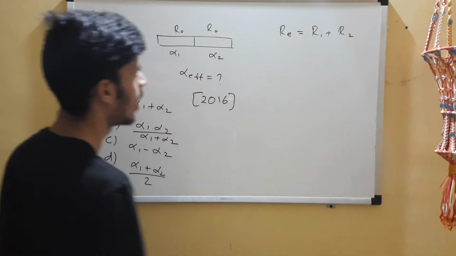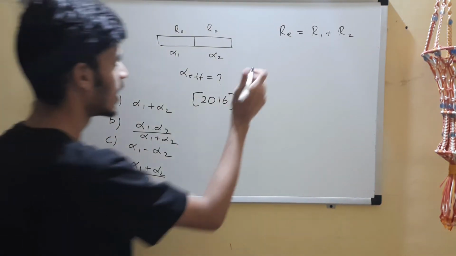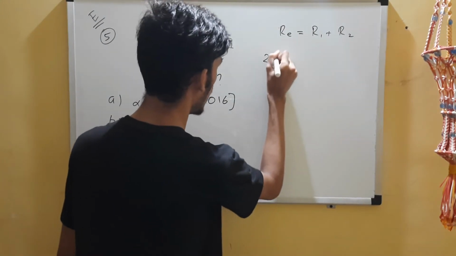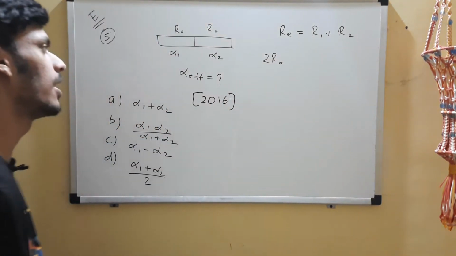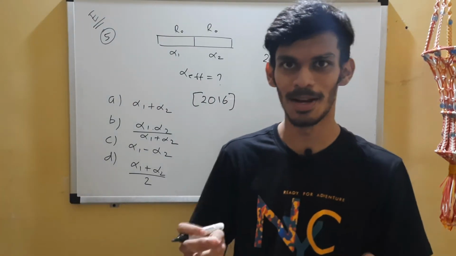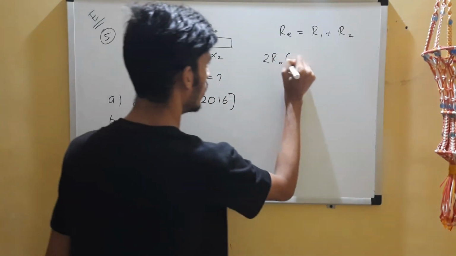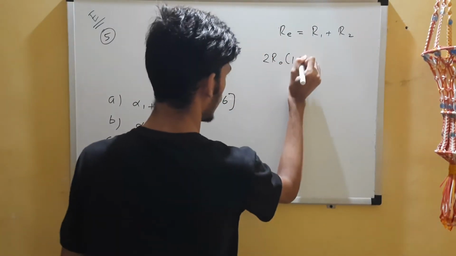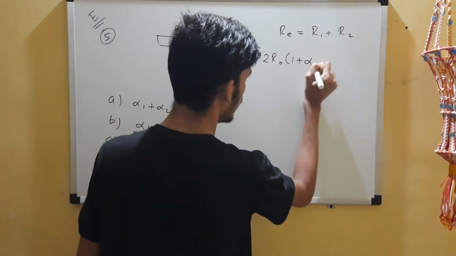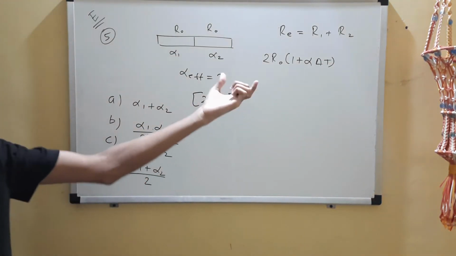You can see that both of them are in series, so we can easily write this R equivalent will be 2R0, R0 plus R0, that will be 2R0. But here we have to write the temperature dependent equation, right? So along with that 2R0, we are writing for the entire system, keep that in mind, so 2R0 into 1 plus alpha into delta T. Okay, this is for the entire system.